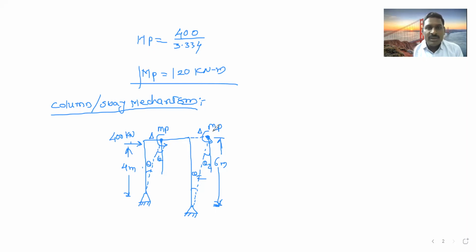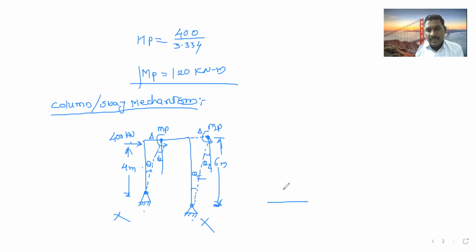So here moments are there. At these points, which type of supports are there? These are hinge supports. So here moment will not be present.